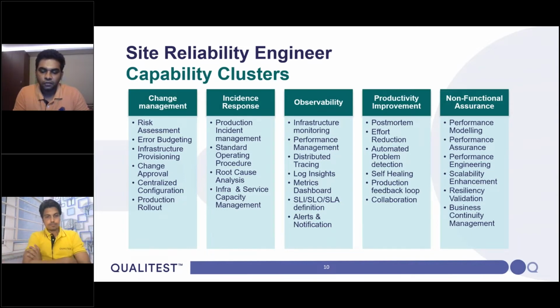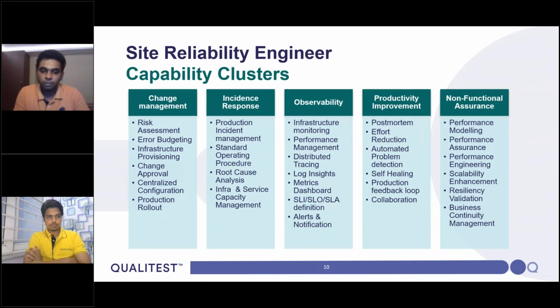The typical non-functional assurance would help with that kind of SOP. Performance engineers would be able to model all your performance workloads, and then validate whether the requirements are met, predominantly from a performance engineering, performance assurance standpoint.